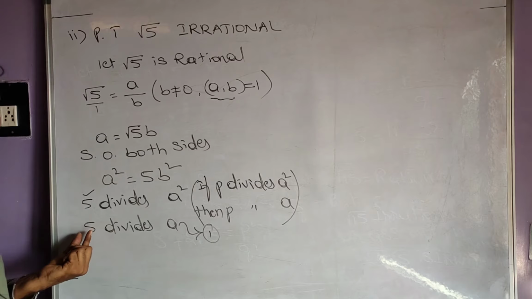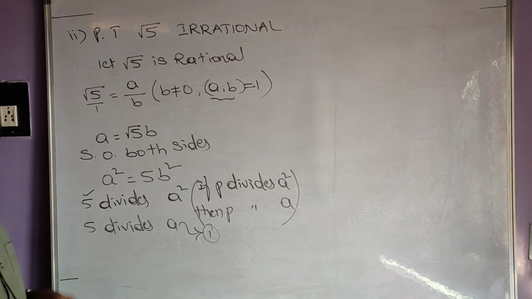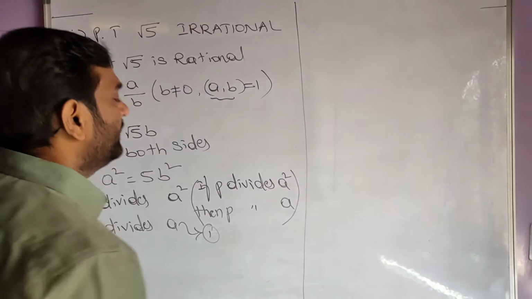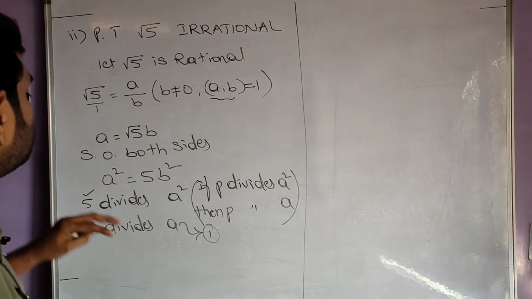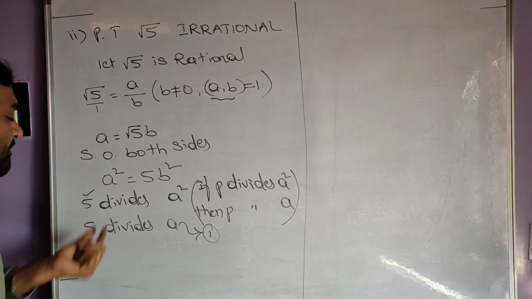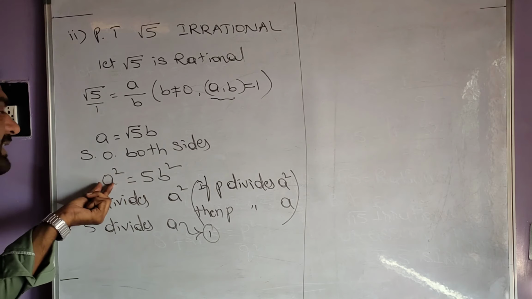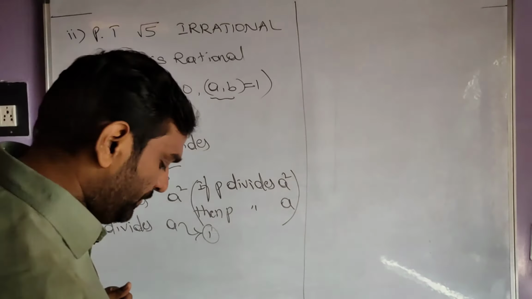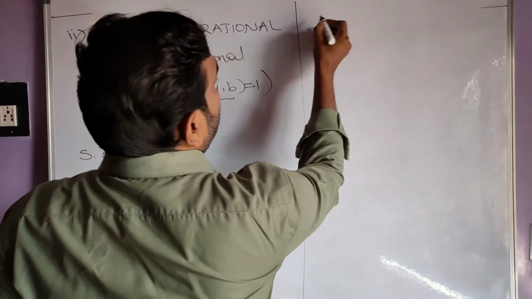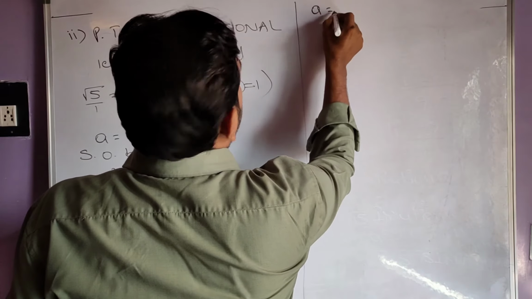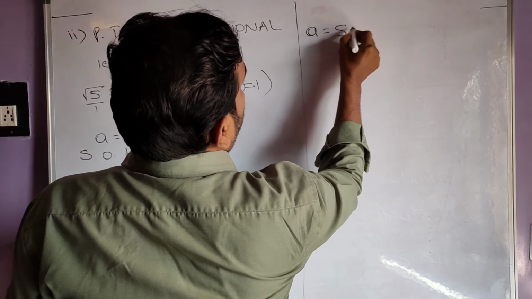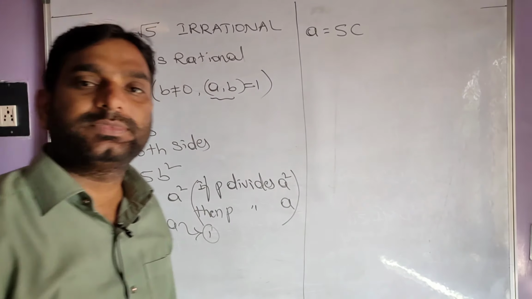Here 5 is a prime number. Now listen, a is a multiple of 5. So let's take a is equal to 5 into some integer c.